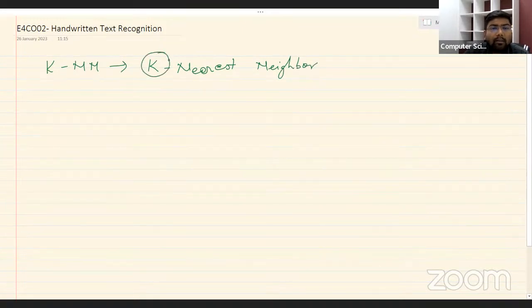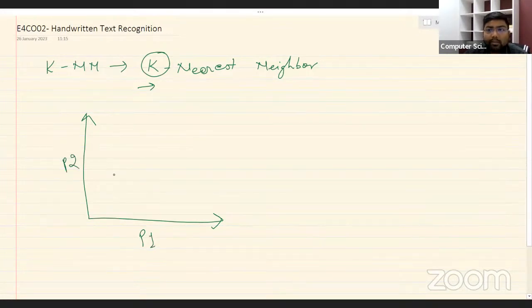Here K means the number of nearest values we consider. Based on K, we will identify which class the new instance belongs to. Suppose we have two parameters, the first parameter is this and the second parameter is this.